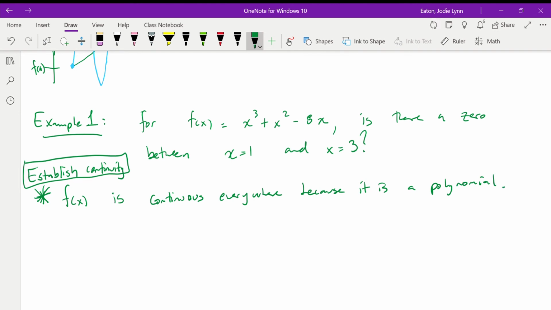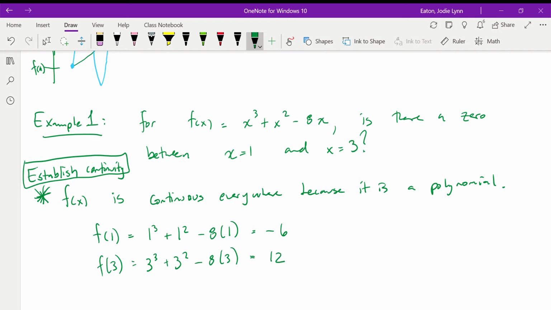So let's look now at f of 1. So f of 1 is 1 cubed plus 1 squared minus 8 times 1, which is negative 6. f of 3 is 3 cubed plus 3 squared minus 8 times 3. So 27 minus 24 is 3 plus 9 is 12.